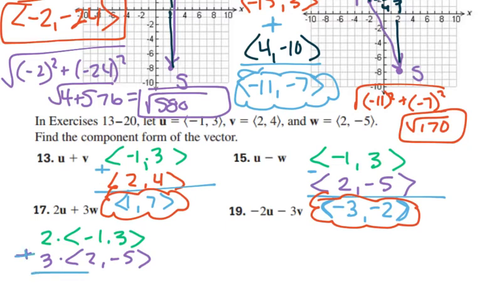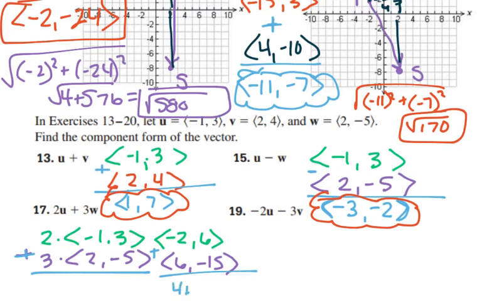And so officially we're going to actually be taking negative 2, 6, and adding it to 6, negative 15. And so if we add those, we get 4, negative 9 as our answer.